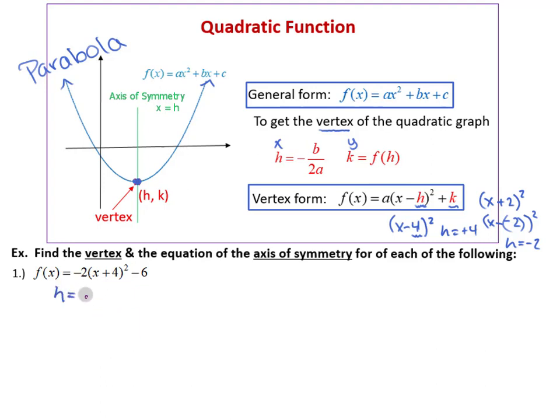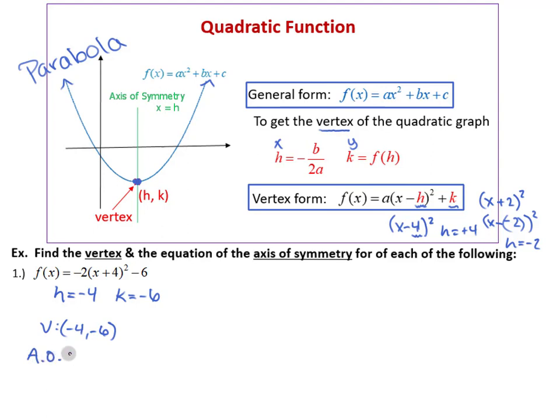So here h is actually negative 4. And our k value is whatever comes after our quantity squared that's being added or subtracted. So in this case, negative 6. So k is negative 6. Okay, so our vertex is located at (negative 4, negative 6).